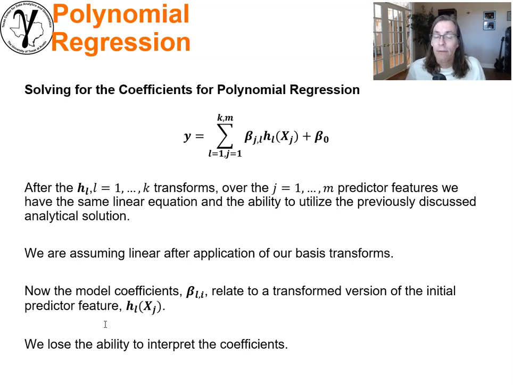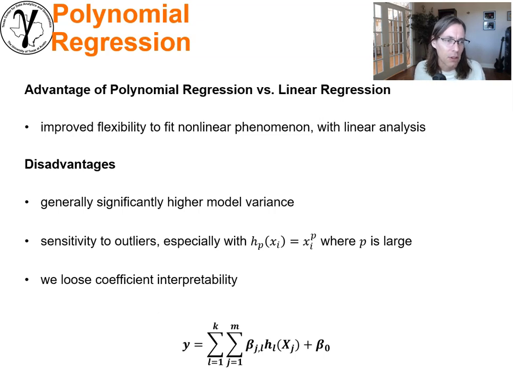We were even using that for feature selection. But now you're going to have another coefficient related to the third order, the second order, the fourth order, the fifth order, and so forth. And how do you interpret the fact you have these multiple coefficients for different orders related to a specific predictor feature? So that makes it more difficult to understand.